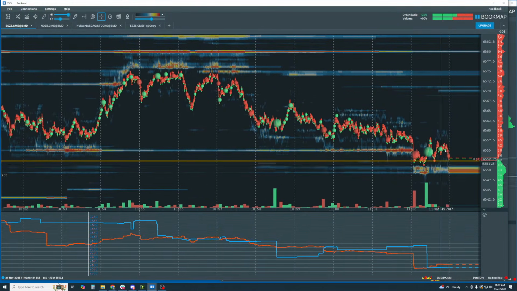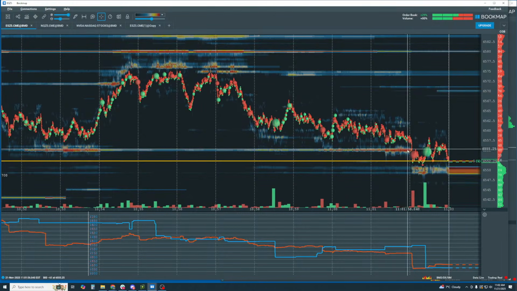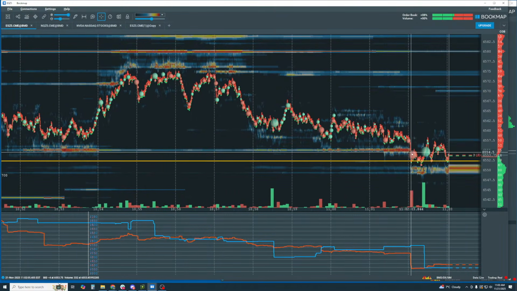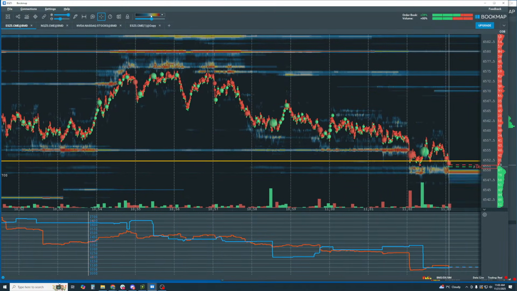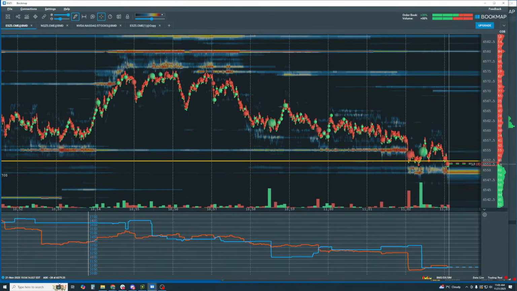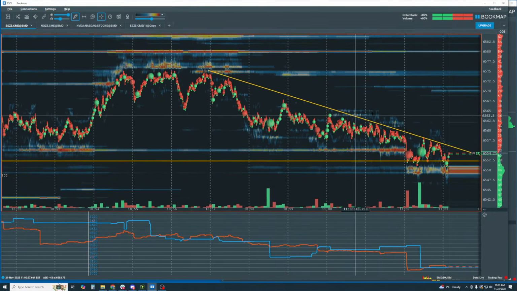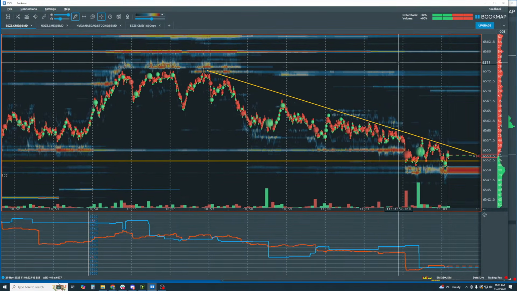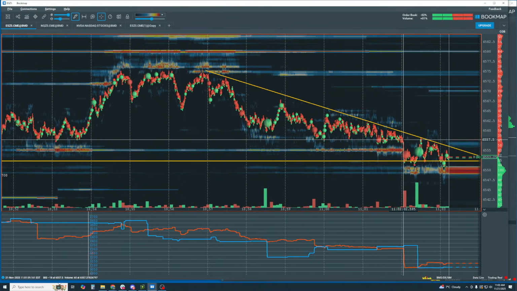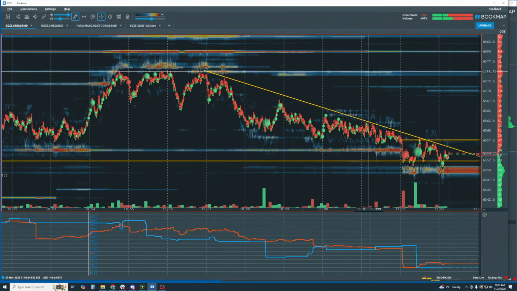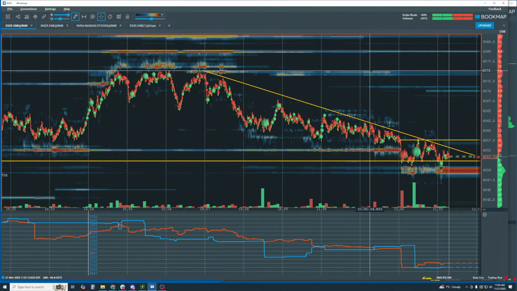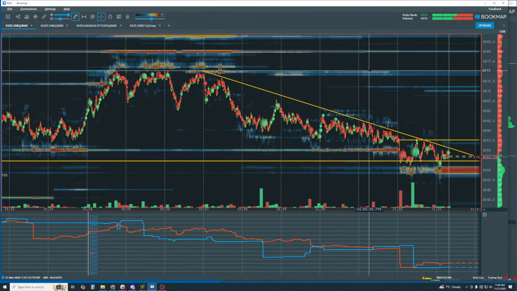And we had high liquidity trade in here. We haven't broken any structure at all. We have two different lines here for structure, our horizontal and our diagonal.